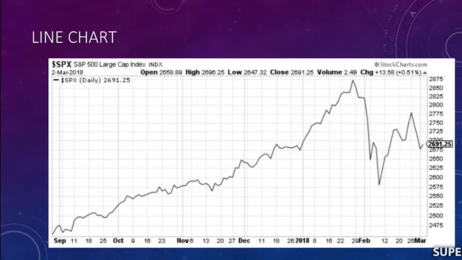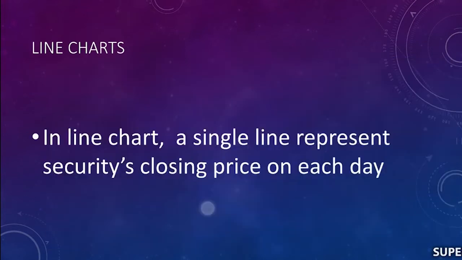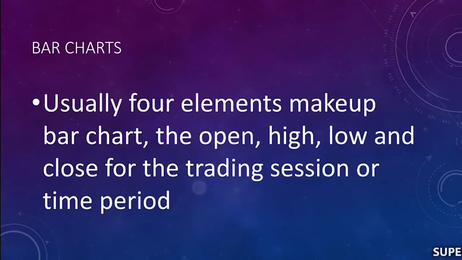Okay. The second type of chart is the bar chart. Usually the four elements of price, opening price, closing price, high price and low price, can be identified by using a bar chart. In the case of a line chart, we can only understand the changes in the closing price.